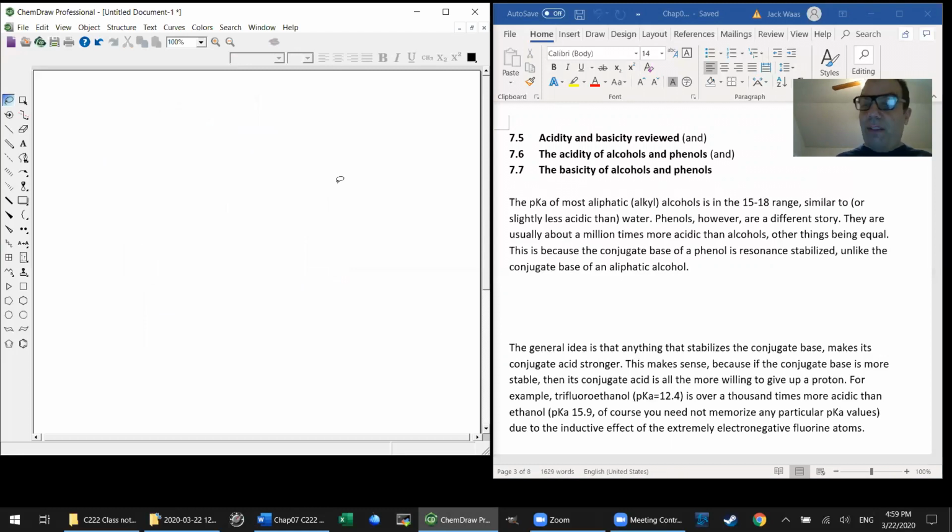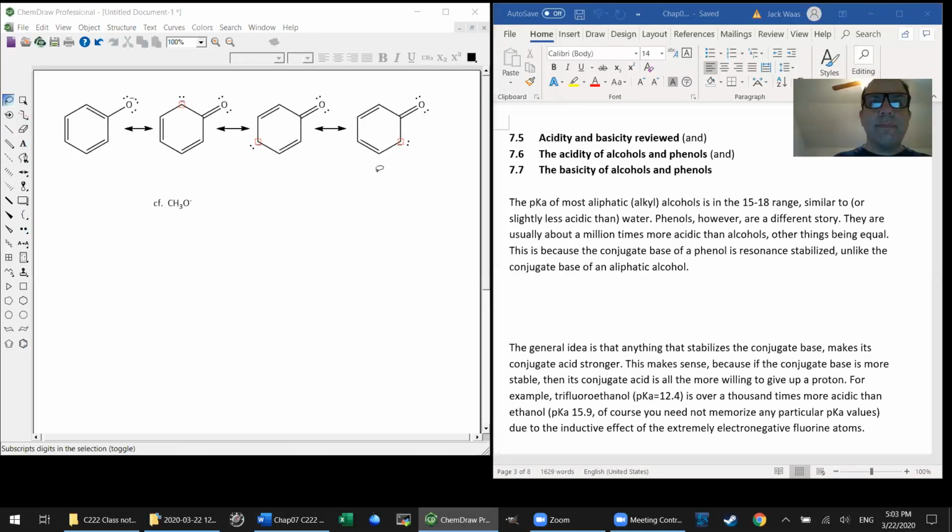Other things being equal, as similar as phenols and aliphatic alcohols are, phenols are going to be about 1 million times more acidic, which means their pKa's tend to be around 9 or 10. So it's a significant difference. And the reason for that is because there's resonance stabilization.